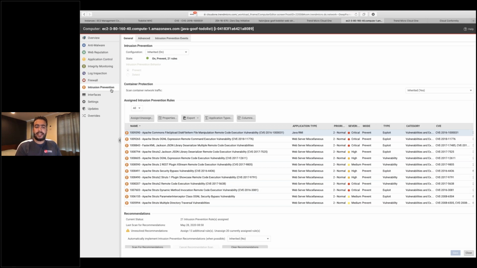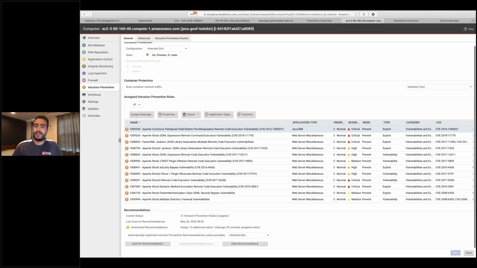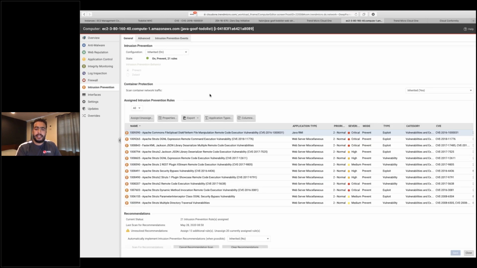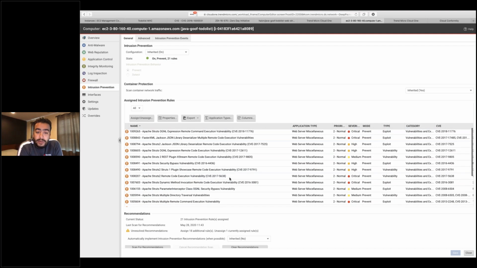My workflow would dictate that I want to scan for recommendations. That basically means trying to identify what are possible vulnerabilities in my instance, in this scenario, in my containerized application as well, so I can run a scan for recommendations and get results very quickly. But as I had this ready, I actually identified the Apache Struts vulnerabilities that were present on this application.